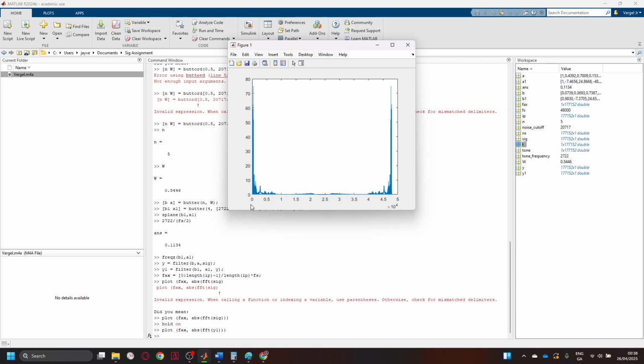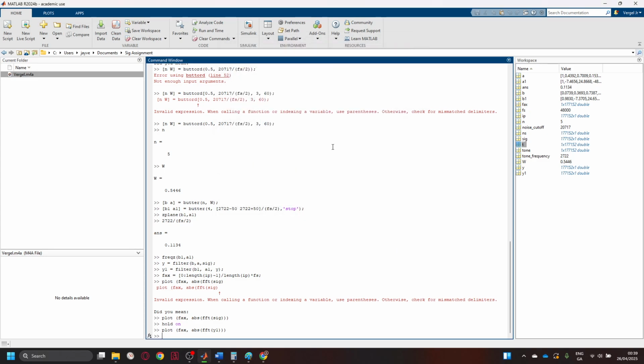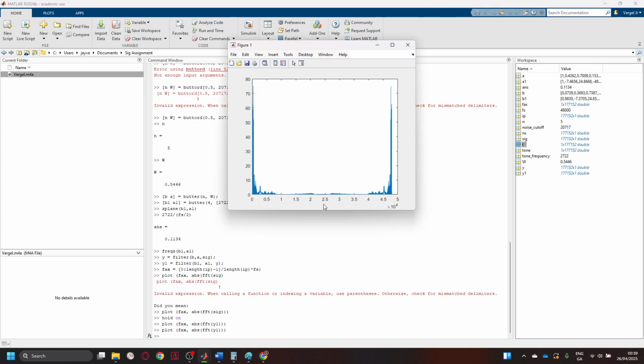So the signal has been attenuated over here. I don't know why the hold on doesn't work, but up here the noise has been reduced.